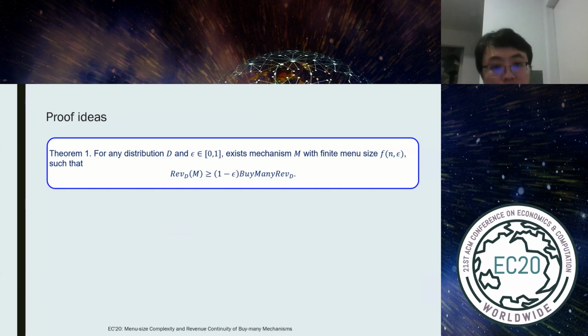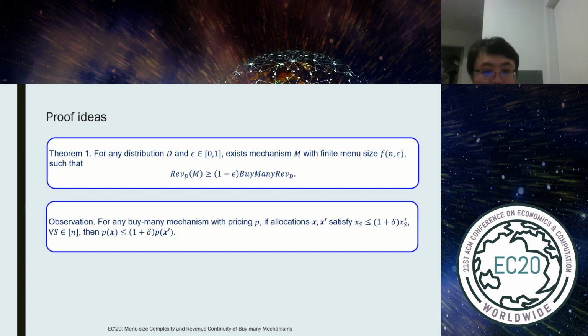To prove this theorem, we first have the following key technical observation that does not hold for by-one mechanisms. For any by-many mechanism, if two options have similar allocation for every set of items, they must have similar prices.